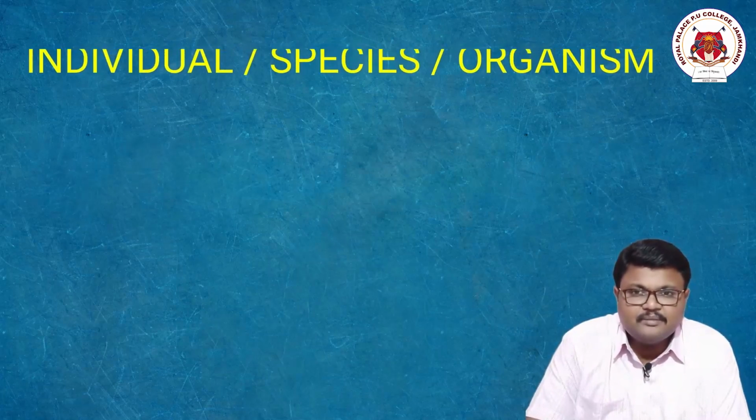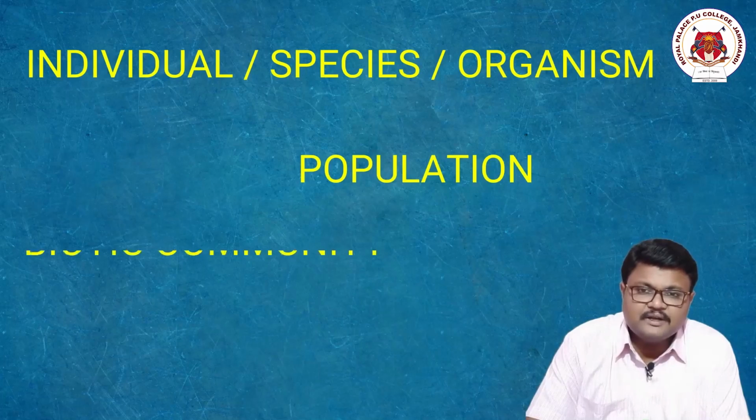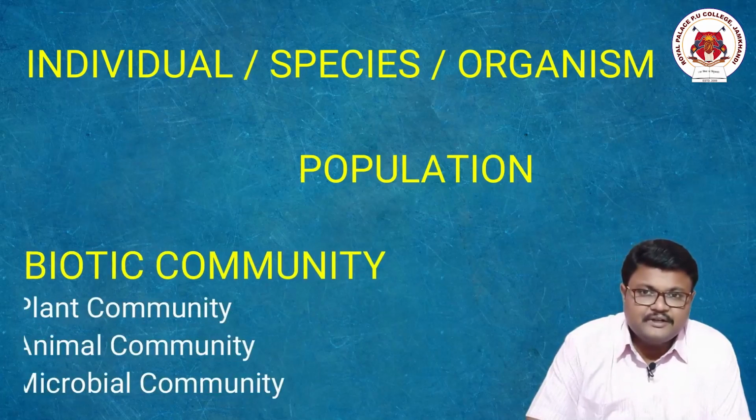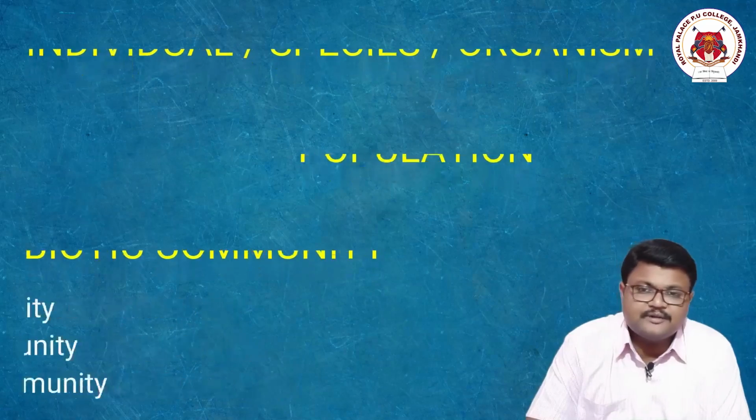Now we started our journey of explanation by taking an example of an individual, the species or the organism. Now it goes on increasing with respect to population, and after the population, community. This community includes the plant community, animal community and the microbial community.